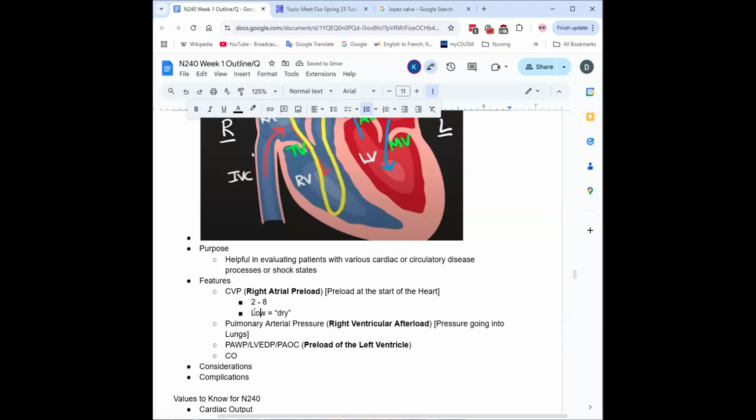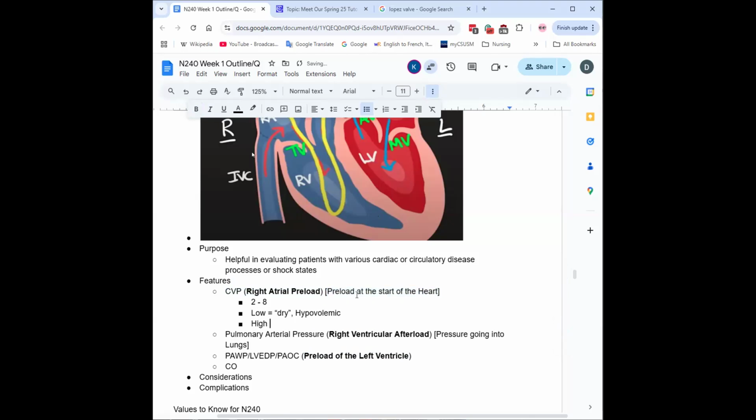If we don't have enough of it, it's saying that we have hypovolemia. We're hypovolemic. We don't have enough fluid, we don't have enough circulation. This is your pressure at the start of the heart. If it's low, it's because we don't have enough. There's not enough perfusion. If it's high, that means we're wet. It means we're hypervolemic. We have a lot of stuff going on.